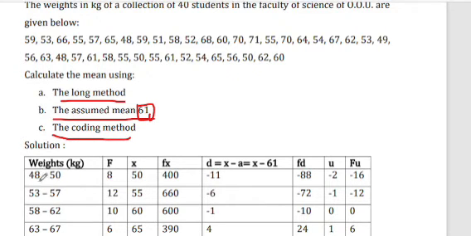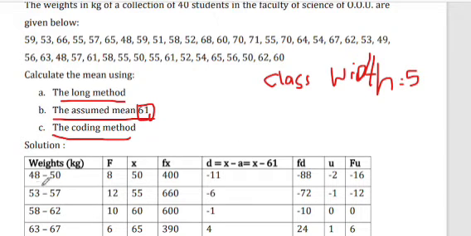Now you see these values that are here. What they did is that they used a class width of 5. I will tell you why. Look at this. This is 48.